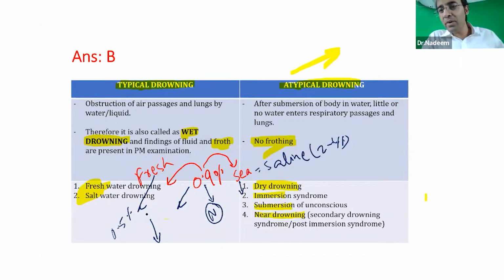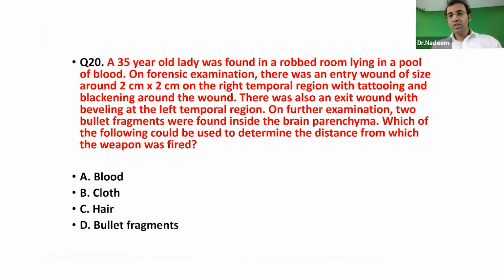Easy to understand. So when you do post-mortem examination, you have an increased level of chloride content in sea water drowning, and a decreased level of chloride content in fresh water drowning. This is called Gettler's test. I hope this is clear to all of you, right? Aa gaya samajh mein? Okay, chalo, question number 20 now.